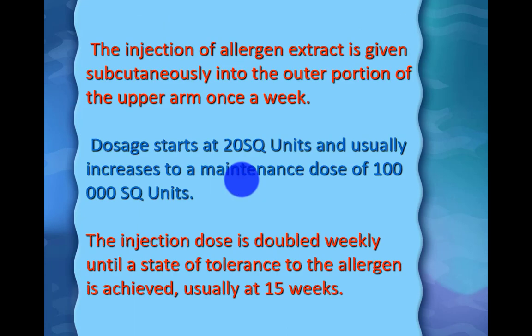The injection of allergen extract is given subcutaneously into the outer portion of the upper arm once a week. Dosage starts at 20 SQ units and usually increases to maintenance doses of 100. The injection dose is doubled weekly until a state of tolerance to the allergen is achieved, usually at 15 weeks.